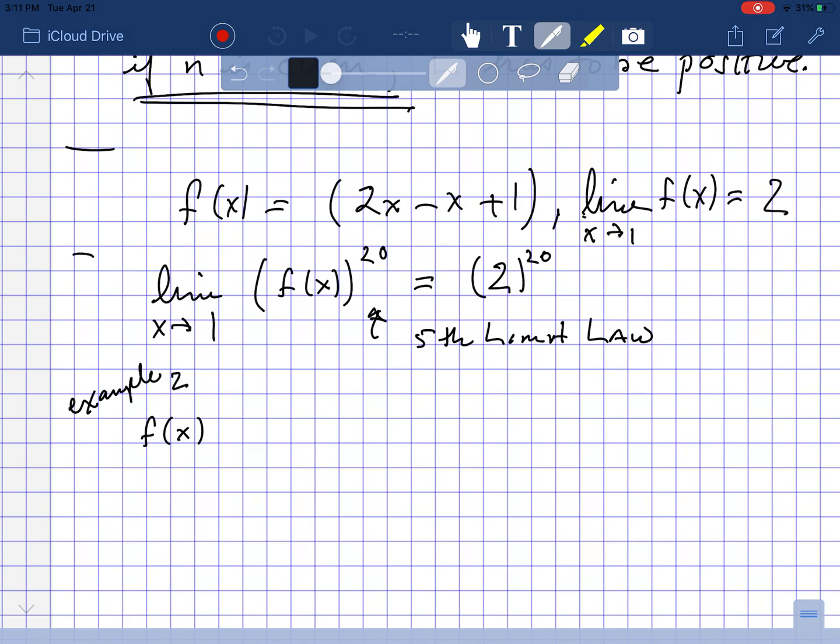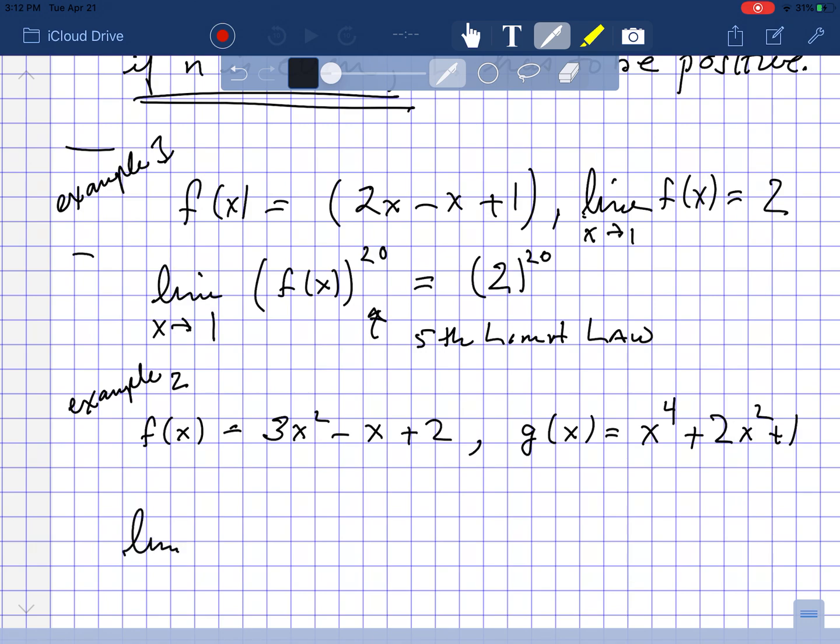Call this example 2. If I have 2 functions, f of x is equal to, let's make it 3x squared minus x plus 2, and g of x is equal to, let's make it x to the 4th plus 2x squared plus 1.